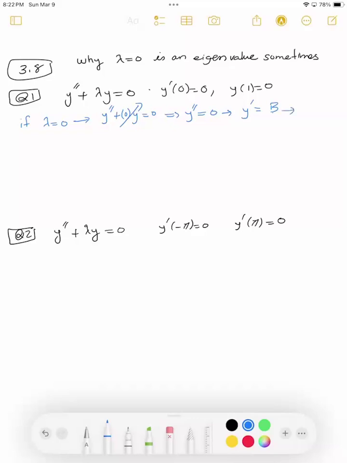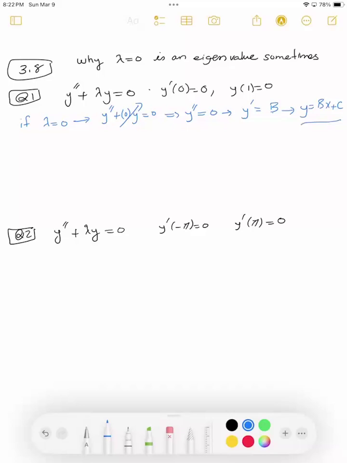If I take the integral again, I get y is equal to bx plus some constant c.